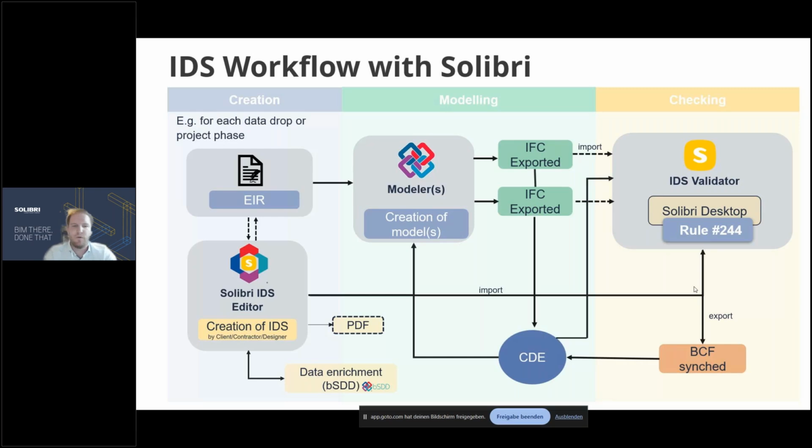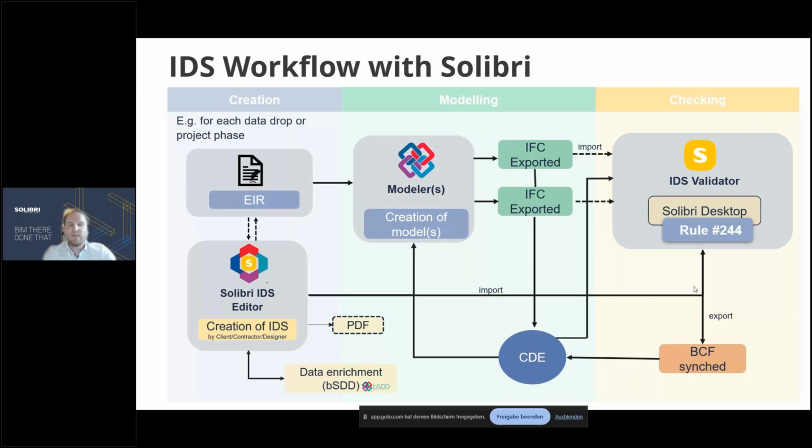Probably some of you already heard about BSDD. It's the Building Smart Data Dictionary. There are dictionaries where the information is already predefined. So you can just select the information from the BSDD instead of creating the requirement from scratch.